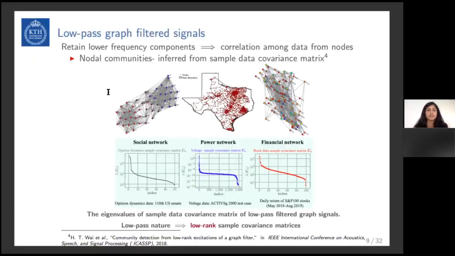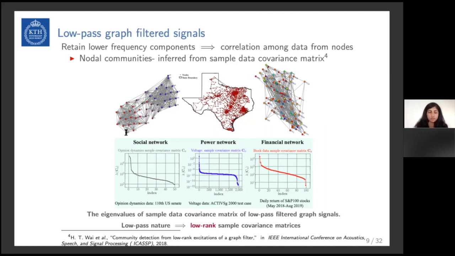Now we have it. So what I was saying here is we can focus on low pass graph filtered signals. And why are they of interest? Because we are trying to look at correlation among data in the nodes of a graph.